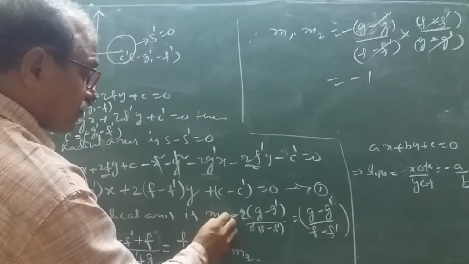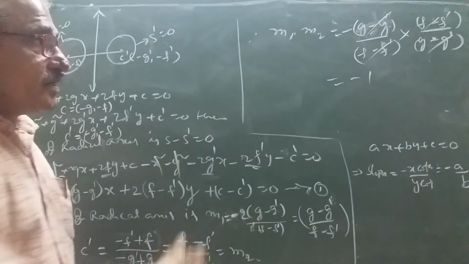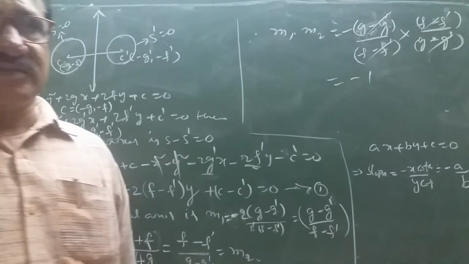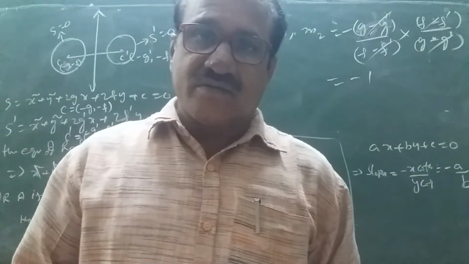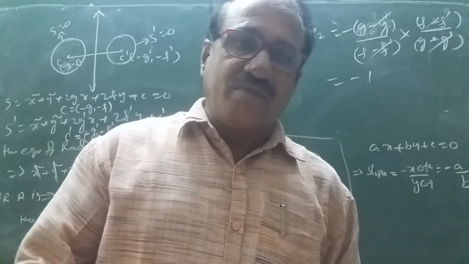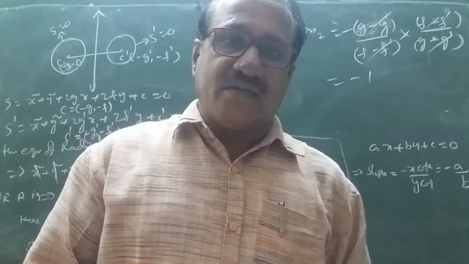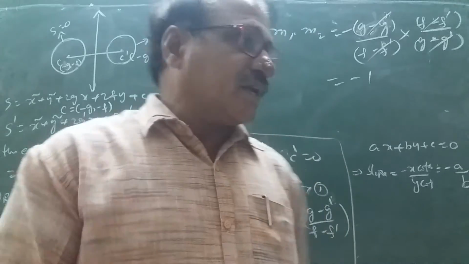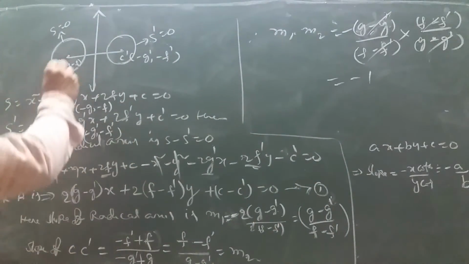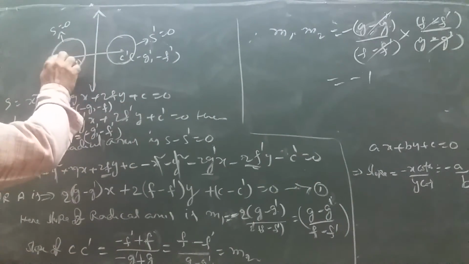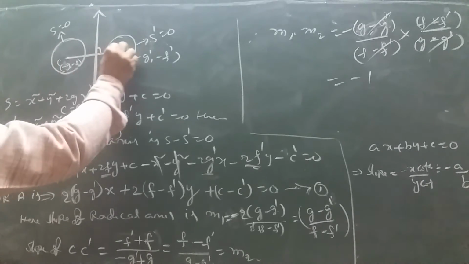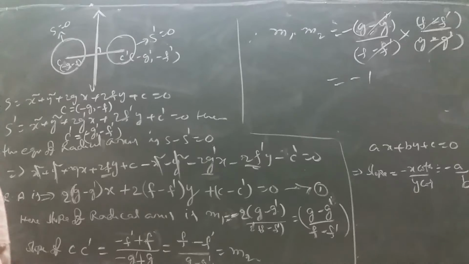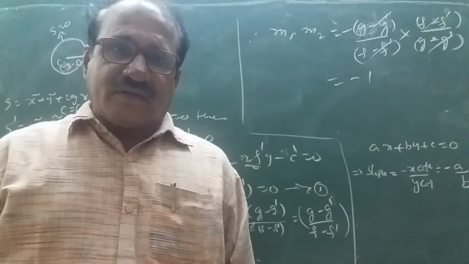By substituting the values we got m1 m2 is equal to minus 1. If m1 m2 is equal to minus 1, then those two lines are perpendicular to each other. So we can conclude that the radical axis is perpendicular to the line joining the centers of two circles.